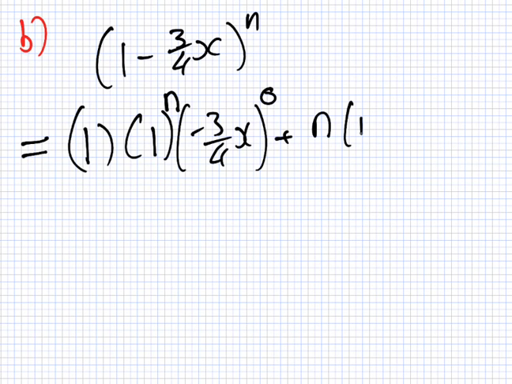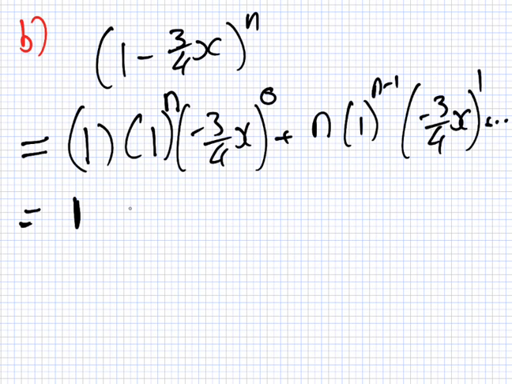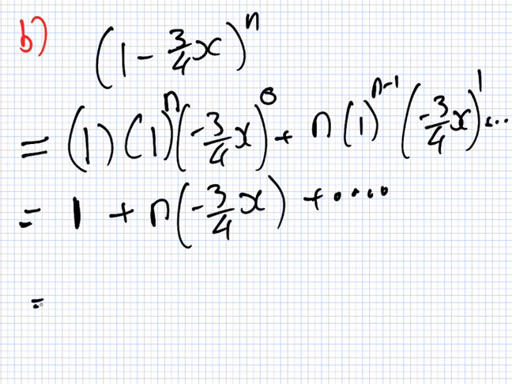And then we'd have 1 power n minus 1, and then minus 3 over 4 x power 1, and more terms. This equals 1 plus n times minus 3 over 4 x plus more terms. This is 1 minus 3 over 4 nx plus more terms.